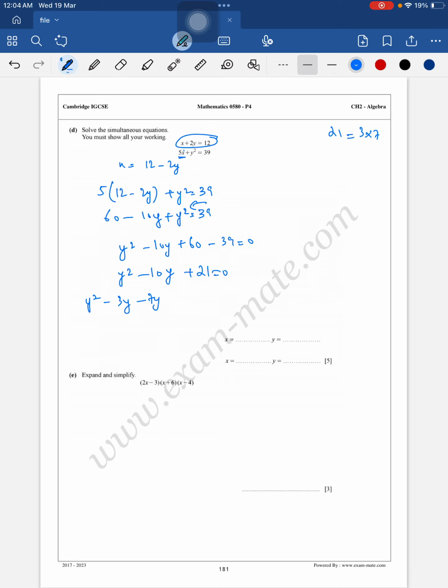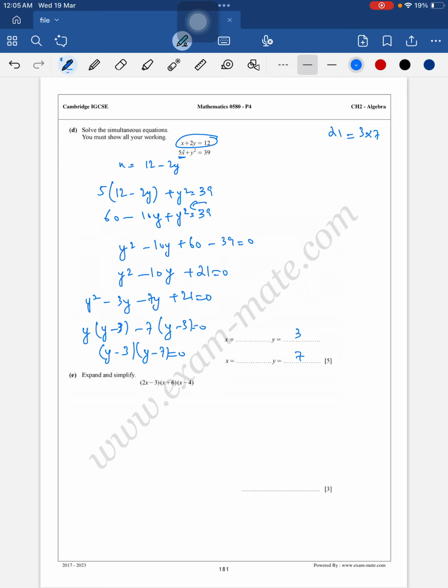If I multiply minus 3y and minus 7y, it will be 21y square positive, which is required, right? So y common, y minus 3, minus 7 common, y minus 3. So y minus 3, y minus 7. So it means that y is equal to 3 and y is equal to 7.